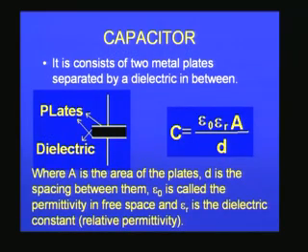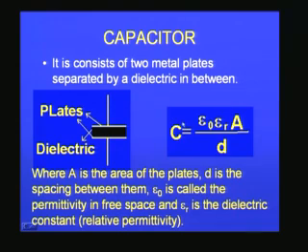So, I have shown the construction of a typical parallel plate capacitor, which is the most popular one. You can see there is one plate here connected to a wire, and there is another plate here connected to another wire, and you have in between a dielectric, which is basically air or any other insulator.